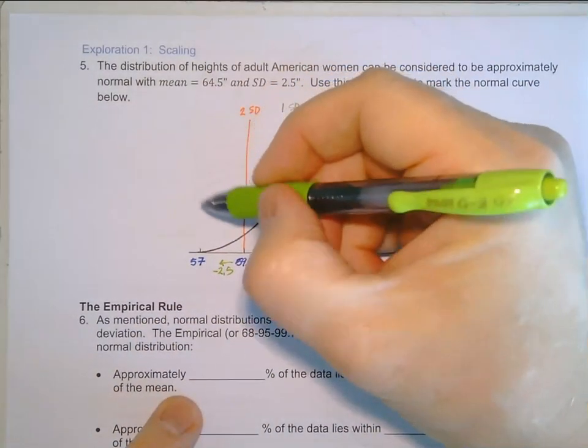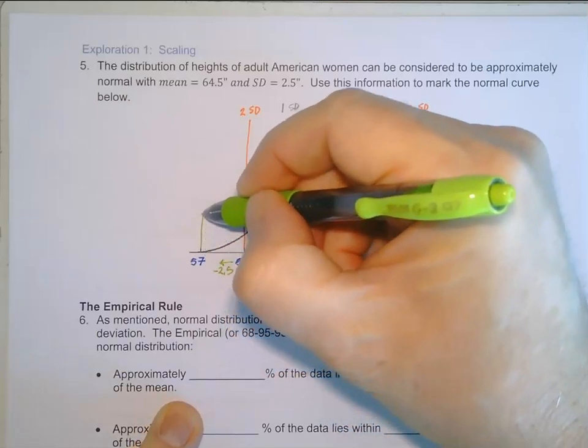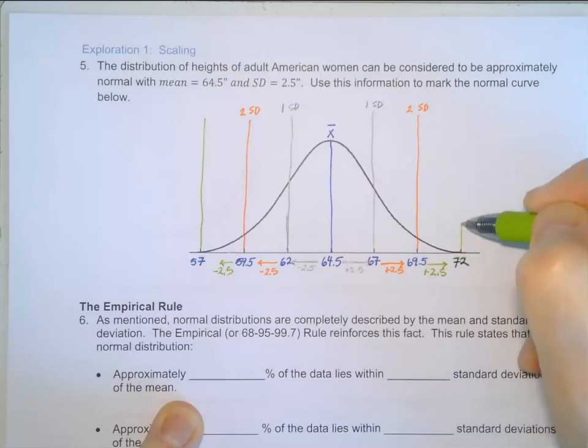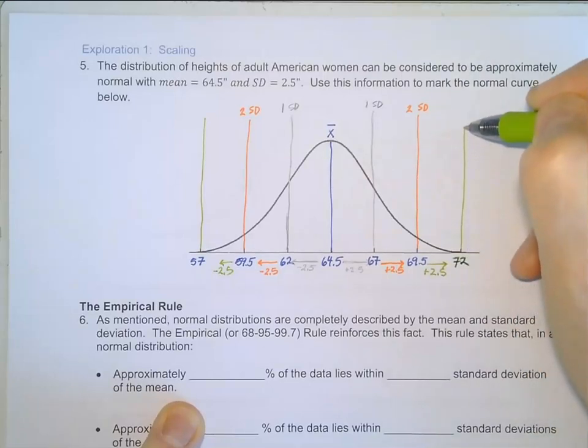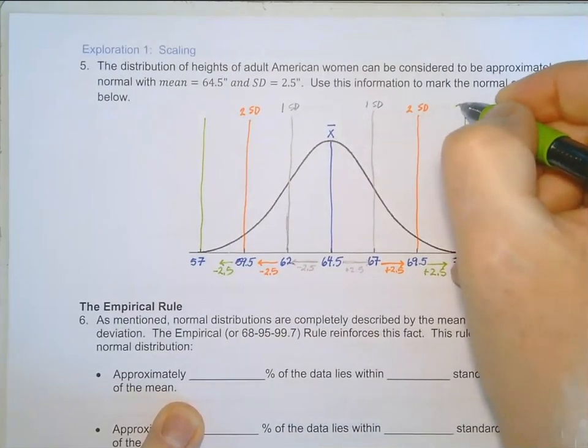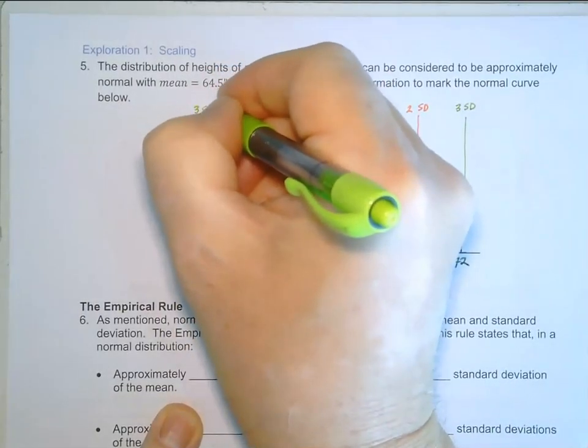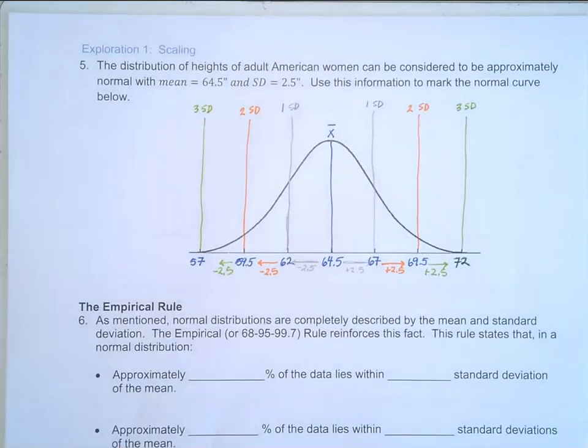Okay, and then I'll draw in here. You can see almost all the information is within 3 standard deviations on a normal curve. Are we okay with that? Yeah? Okay.